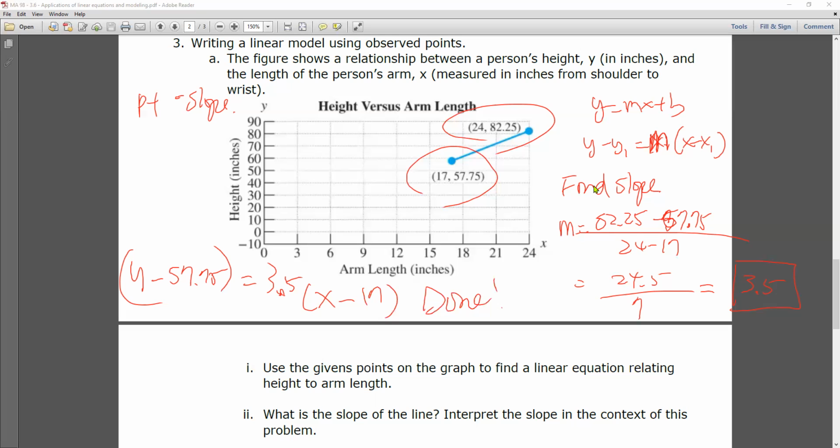Okay. All right. Now for part two, we already figured out what the slope is, but now just to make sure we explain it. So we know the slope is 3.5 over 1, and let's go ahead and attach the labels. So the y value is the height in inches, and the x value is arm in inches.